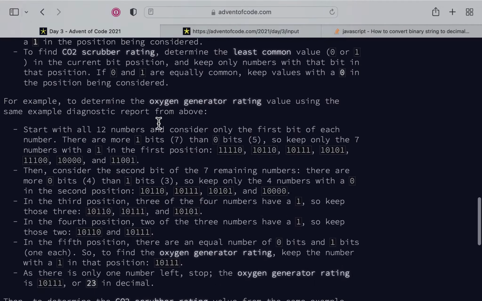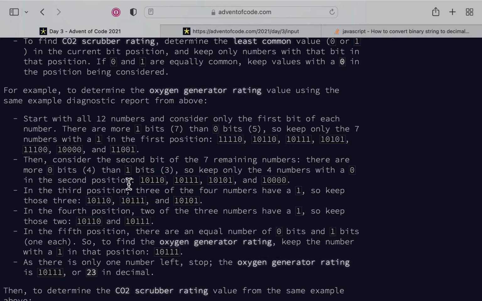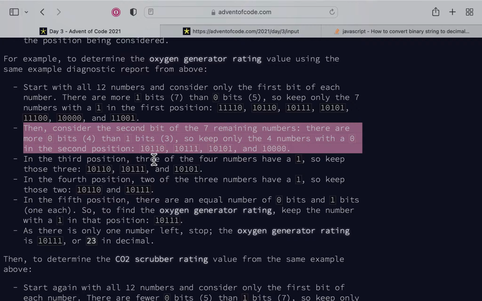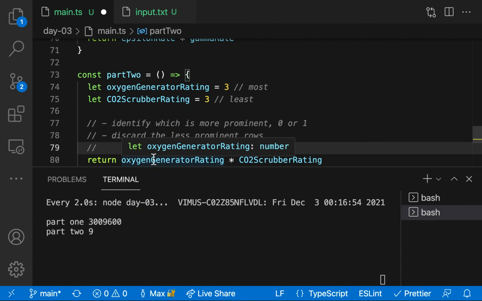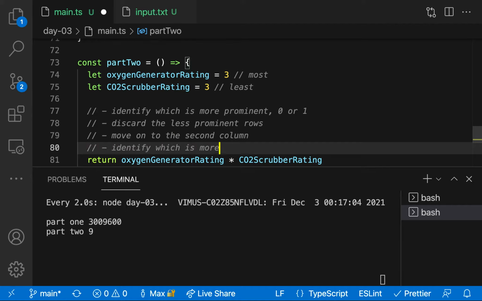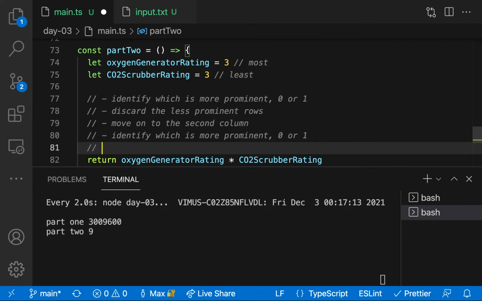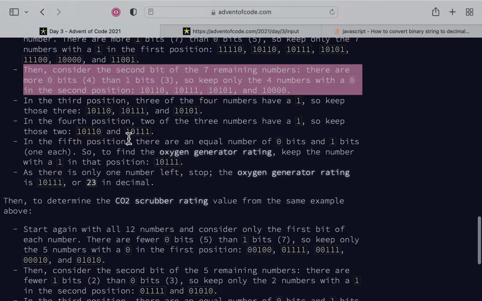Okay. Then consider second bits of the set of remaining numbers. There are more, okay, so keep only the 4 numbers with a 0. Oh, I see. Okay. Move on to the second column. Identify which is more prominent, 0 or 1. Discard the less prominent rows. All right, the third position, okay.